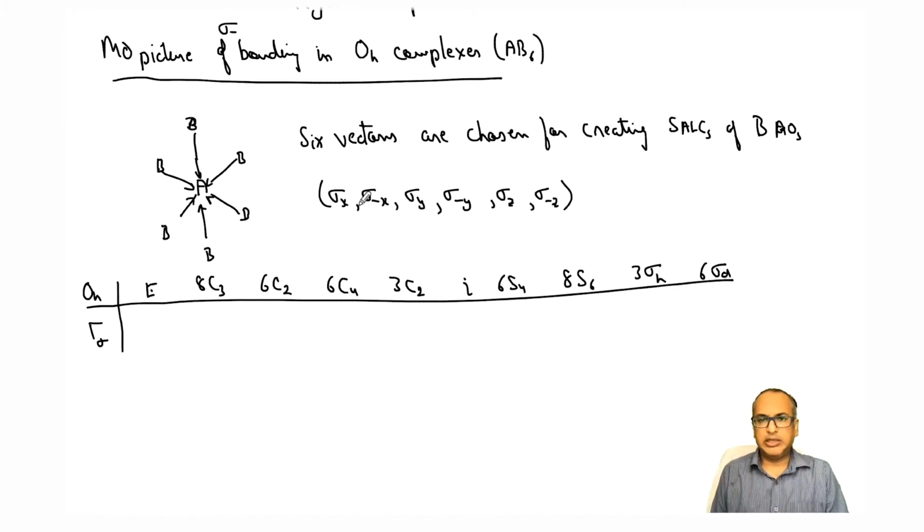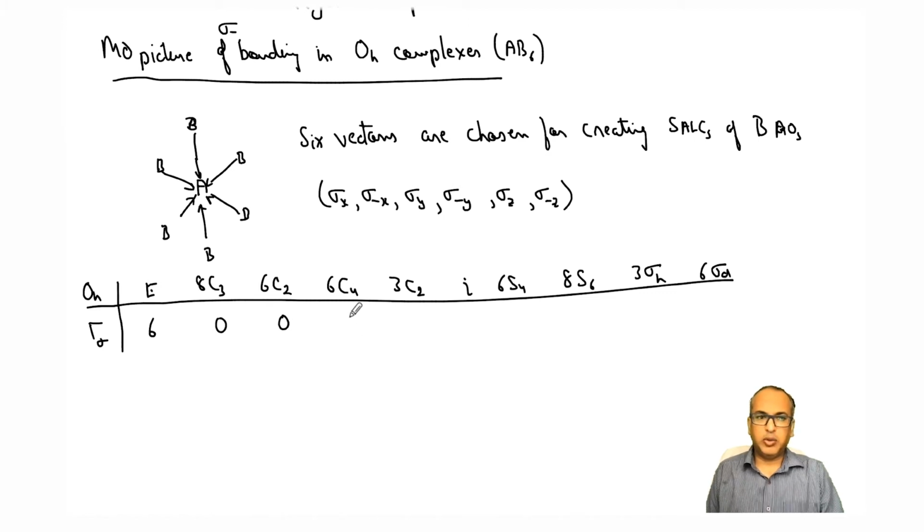So now consider these 6 basis vectors, and which vector moves and which does not move, and use that principle to see what will be the trace under this reducible representation. So E will have 6, because this will be a 6 by 6 matrix. C3, everything will move, so 0. C2, everything will move, so 0.